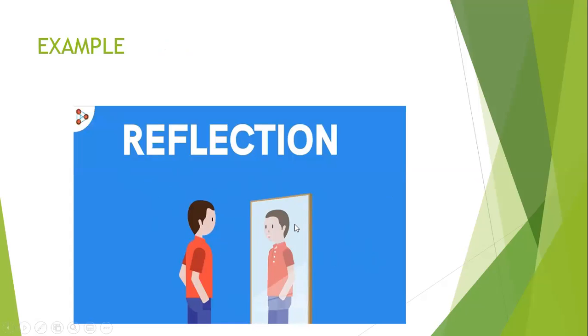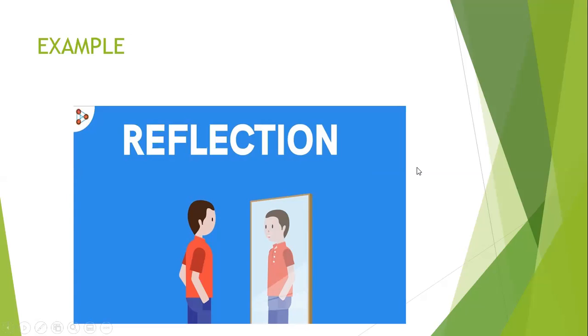Light hits the mirror and is reflected to your eyes. You see the exact image of yourself in the mirror. If there is any refraction instead of reflection, then you cannot see your image in the mirror clearly. The image will be blurred because of the refraction.